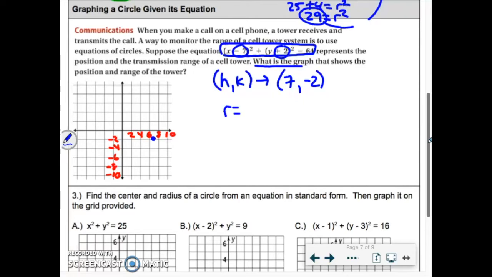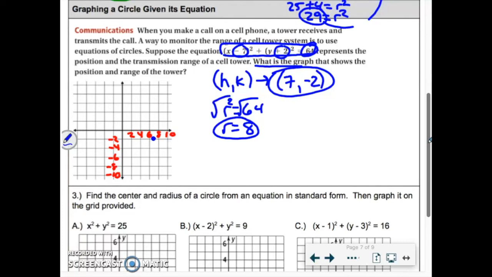The radius is here, but that's r squared. So I know that r squared is 64, which means that r is the square root of 64, or 8. I need this and this to make my graph. From there, what I usually do is put a few points up for reference.